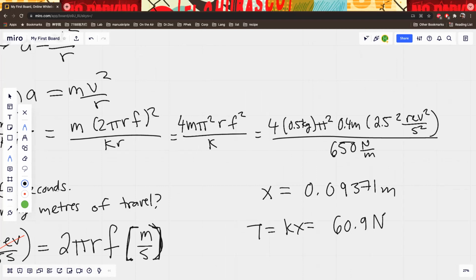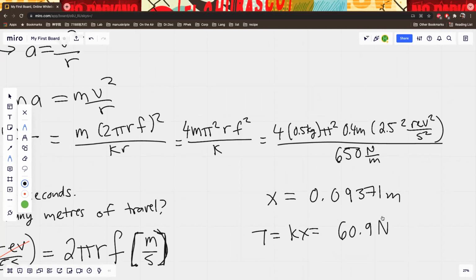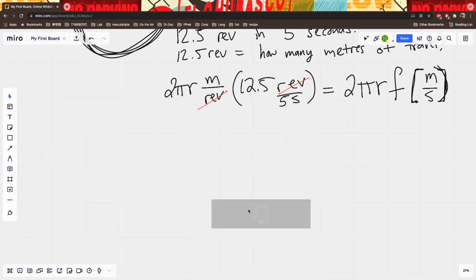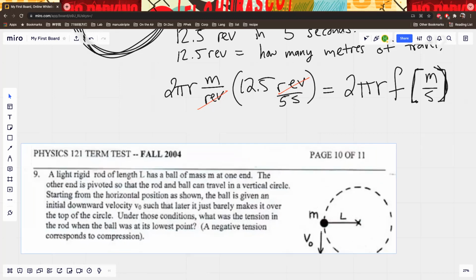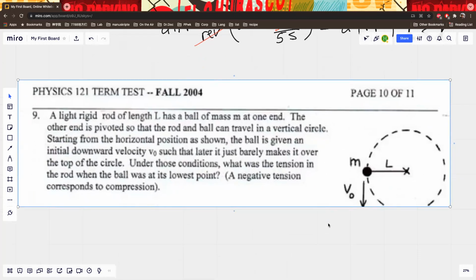Okay, so let's try to do another one. Here's a question involving both gravitational energy and kinetic energy. Okay, you can see this.